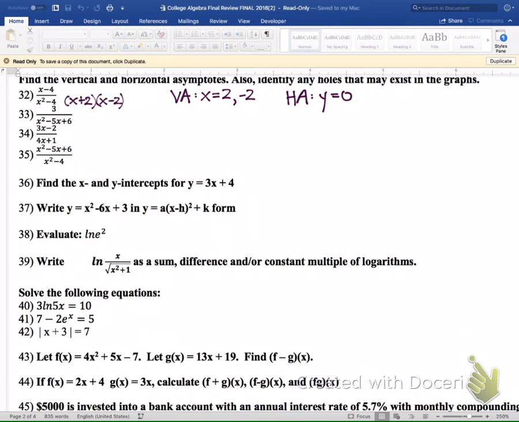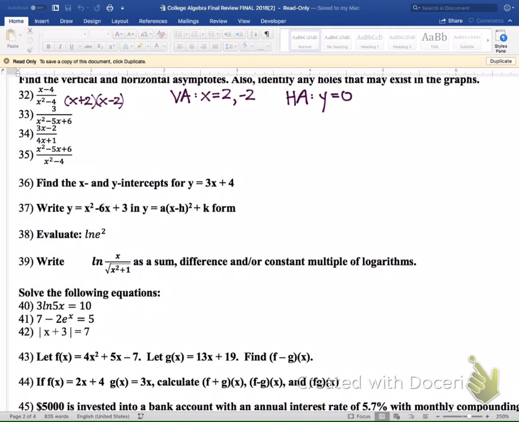If I were you in 36, to find x and y intercepts, I would graph that and find them on my calculator. You don't need to do anything other than graph that and find where they cross the axes. 36 or 37, to write that in vertex form, you can do a lot of things on that one. That's meant to complete the square.